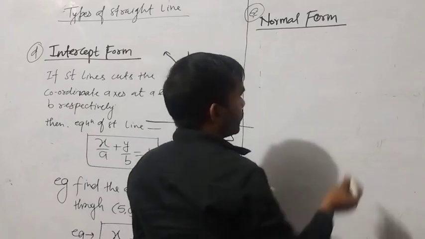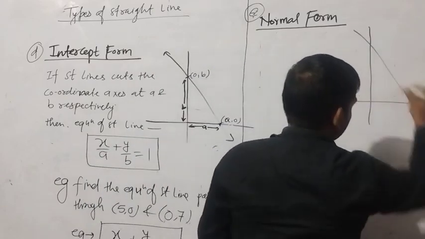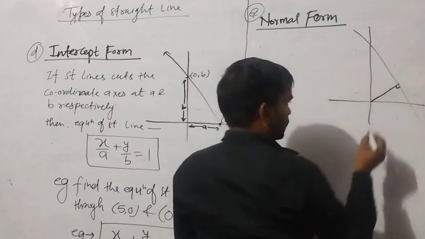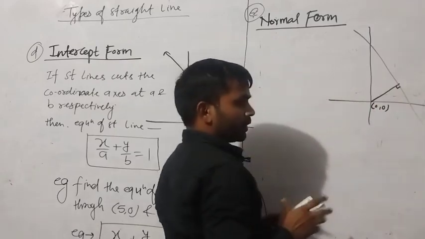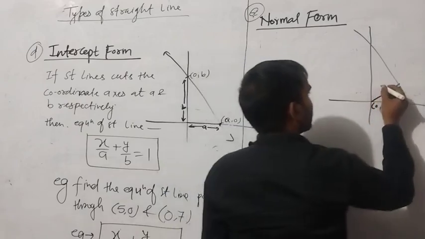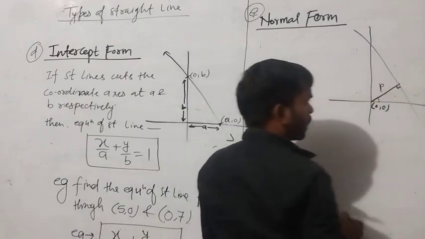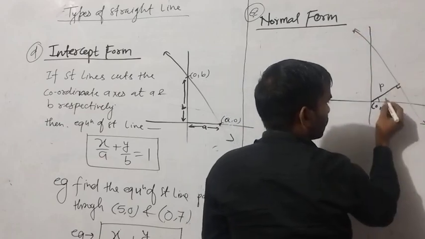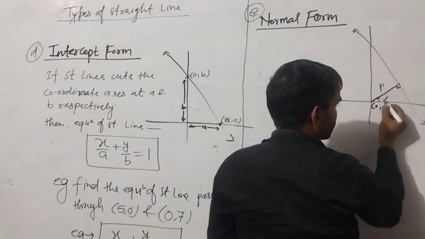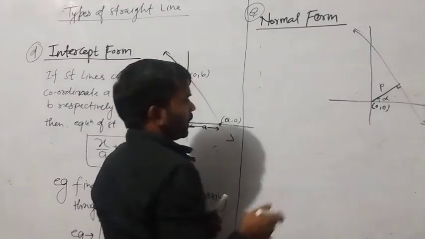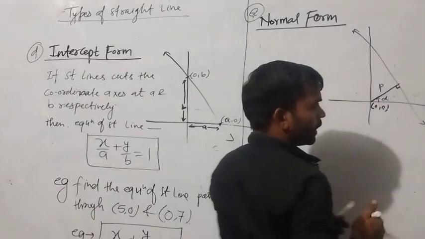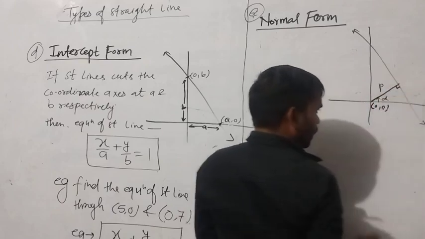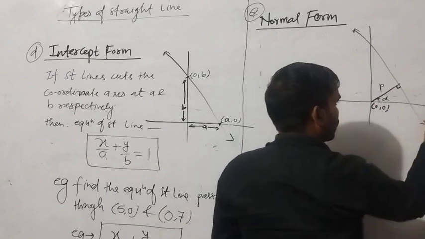In the normal form, if we are given a straight line, and we draw a perpendicular from the origin of length P, and let's suppose the perpendicular on the line makes an angle alpha from the positive direction of the x-axis.